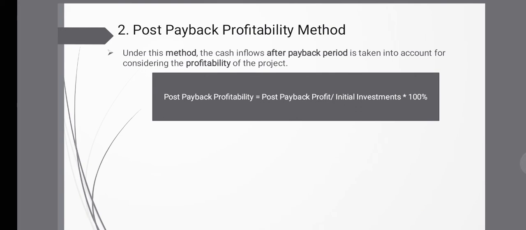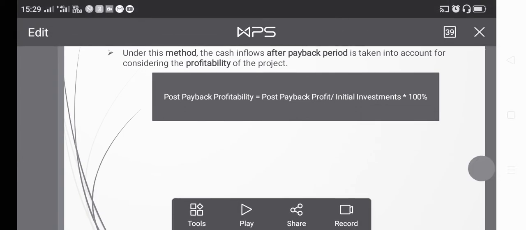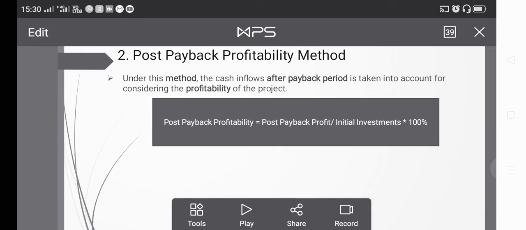Now, considering this, let us take project A, where we were getting 30,000 rupees per year for 5 years. So a total of 1,50,000 we will get, and 1 lakh is our investment. So post-payback profit will be 50,000 rupees, and post-payback profitability will be 50,000 divided by the initial investment of 1 lakh rupees, that is 50%.